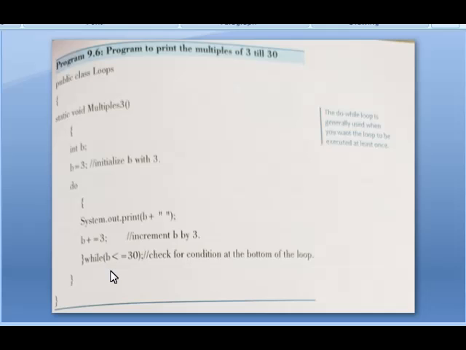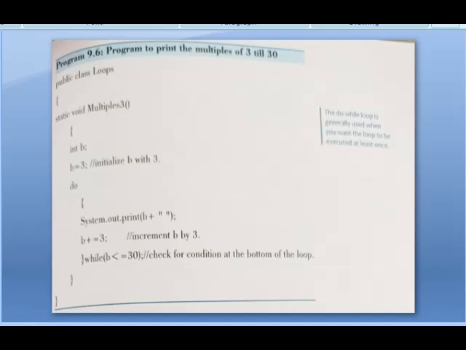It does the process first and increments the value, and only then is it testing the condition: while b is less than or equal to 30. If the condition is true, then again it will do the same process. If the condition is false, then it will exit from the loop.